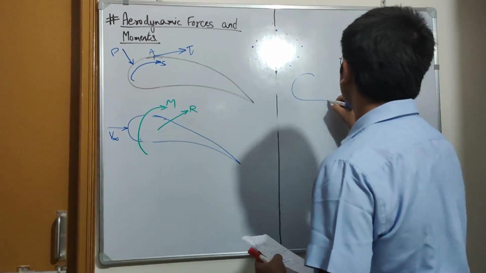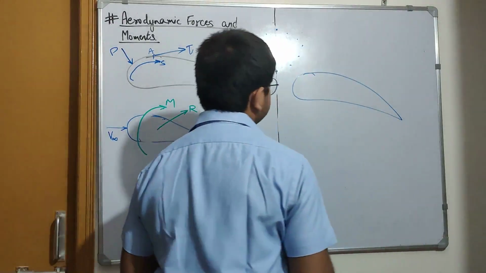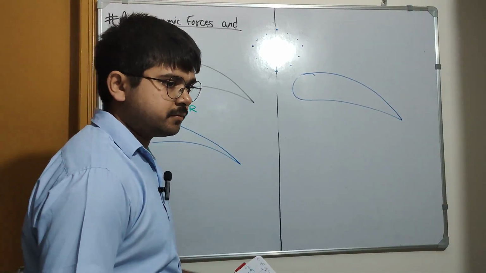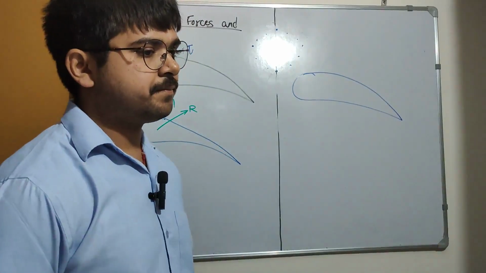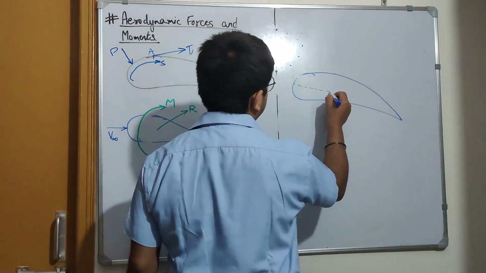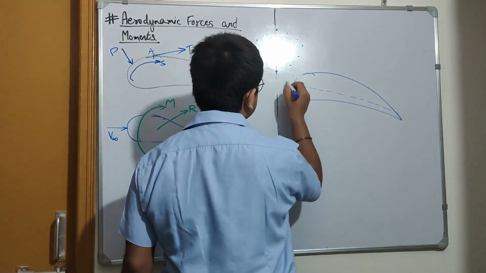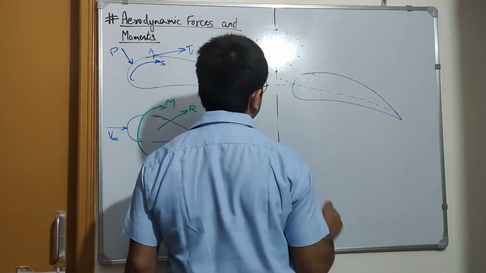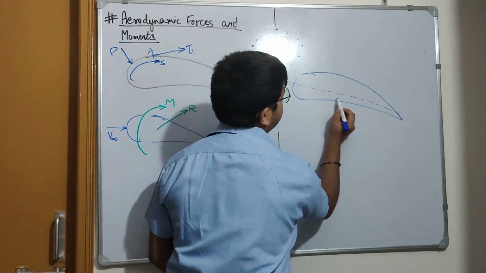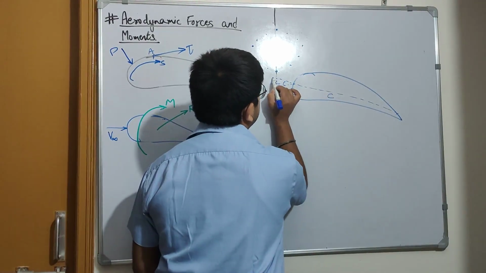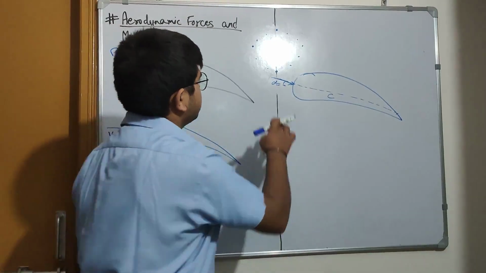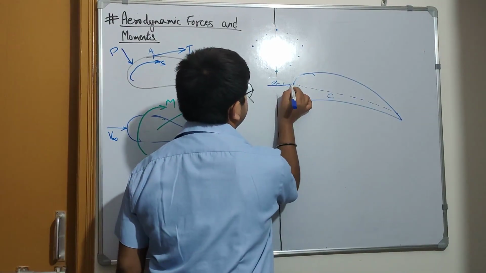So if there is an airfoil here like this, and we have C, this from here to here, it is C, the chord, and this is the free stream velocity that is acting.